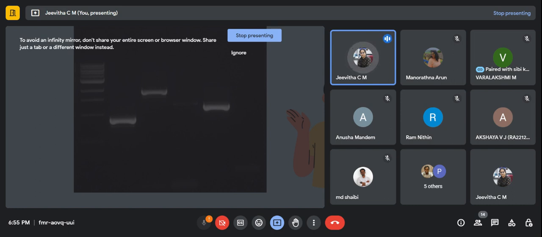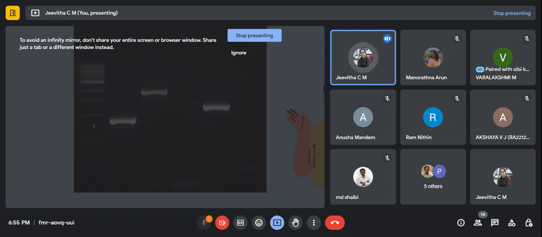In this lane, if this is my gene of interest, the bright band, you can see the additional band here, which means there is also some primer and template matching, and some amplification happening. So this is the non-specific amplification. It is not required because my gene of interest is this brightest band.